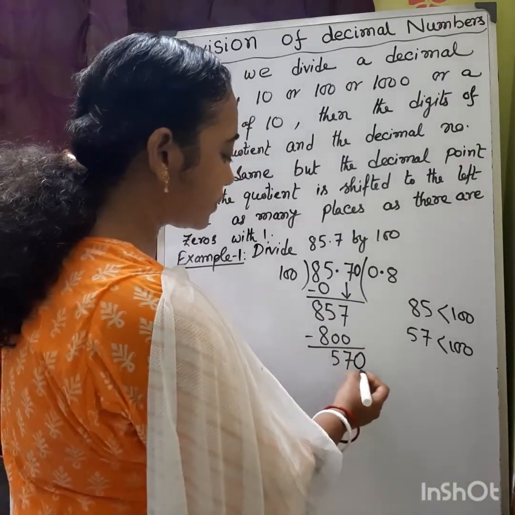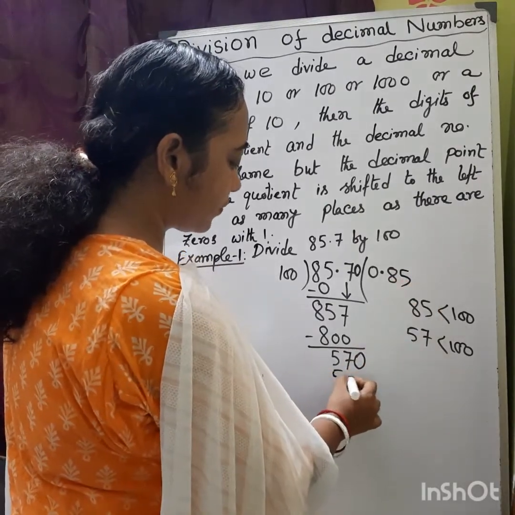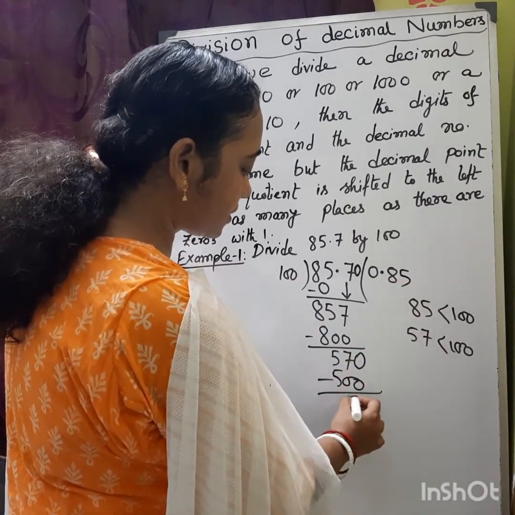So now we get 570, which is greater than 100. So we put 5 here, and this becomes 500. Now after subtracting, we get 70.